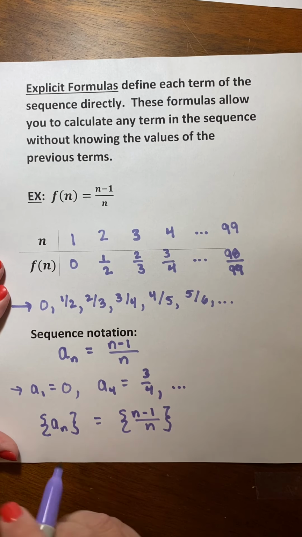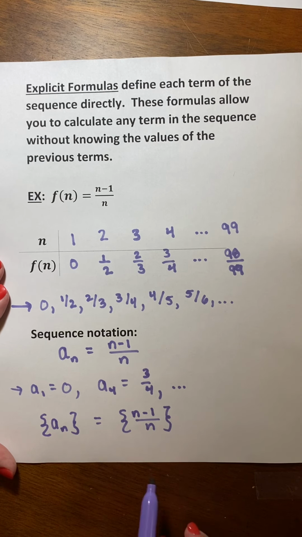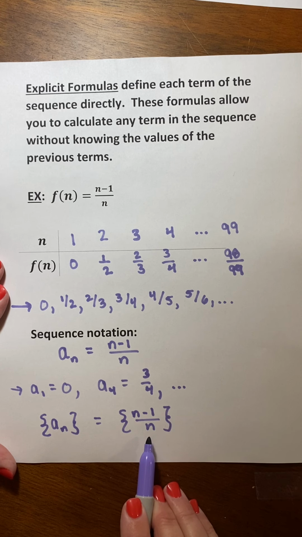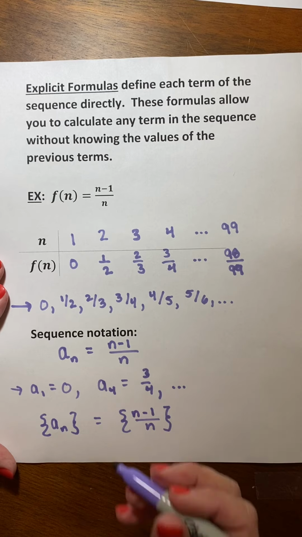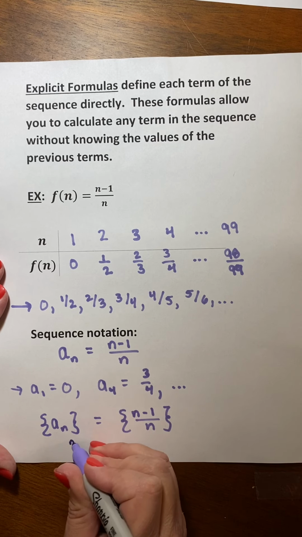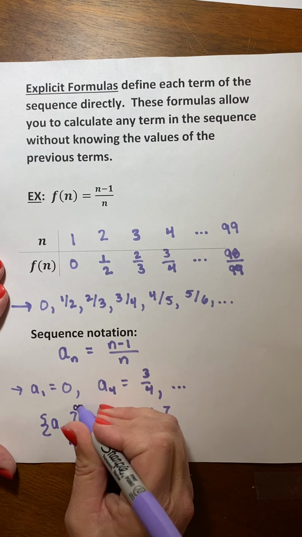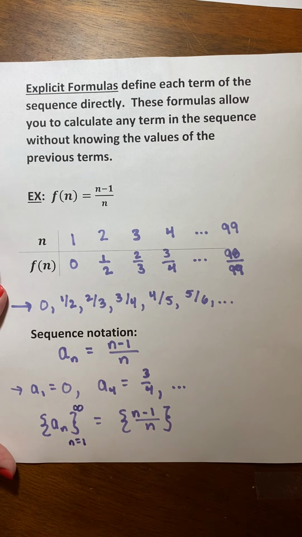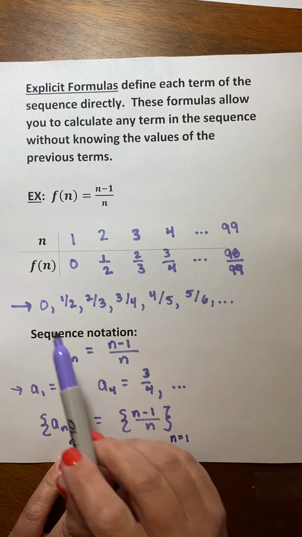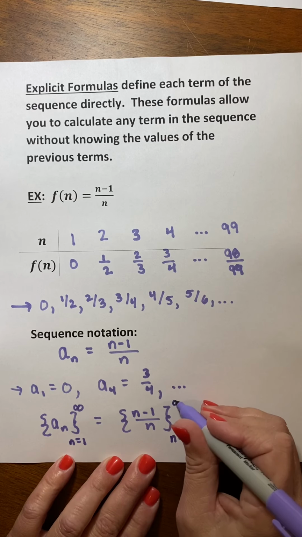But this one obviously couldn't start at 0 because then we would get a 0 in the denominator. Based on the situation, we are going to assume that we start at 1 and it goes on forever. So that would be how we would notate that this sequence's first value is 1, and then it's going to continue along our natural numbers, and it's going to go on forever.